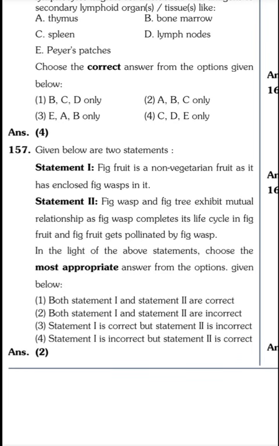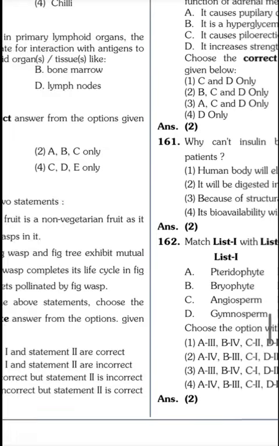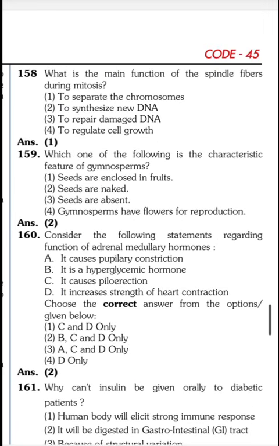So statement 1 is incorrect, but statement 2 is correct. I don't know why fig fruit can be called a non-vegetarian fruit, because we open the fruit and look for the insect, and only if the insects are not there are we going to pop it out. But here they have given both statement 1 and statement 2 as correct. I feel statement 1 is incorrect. Statement 2 is correct. Mutualism is there. Anyway, that ambiguity in that question is there.